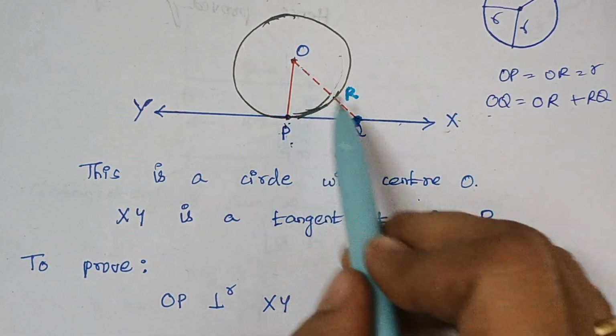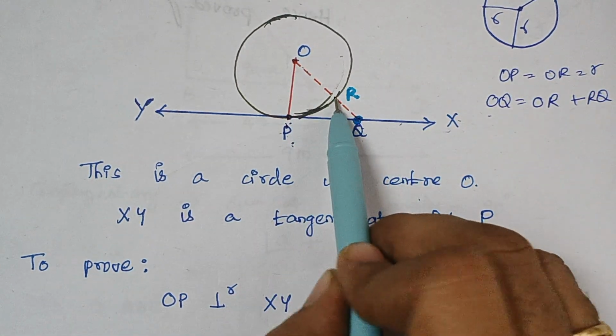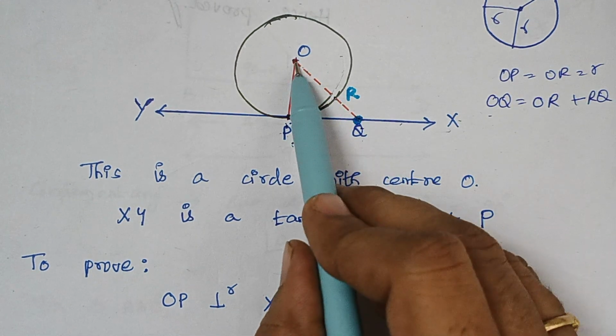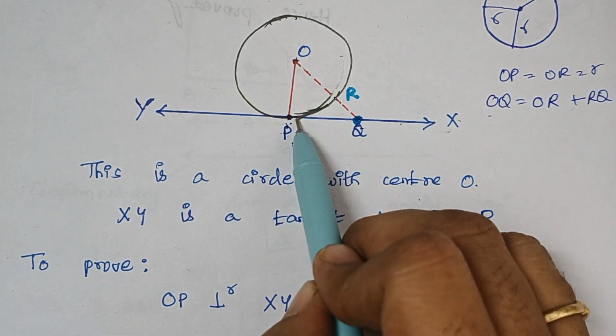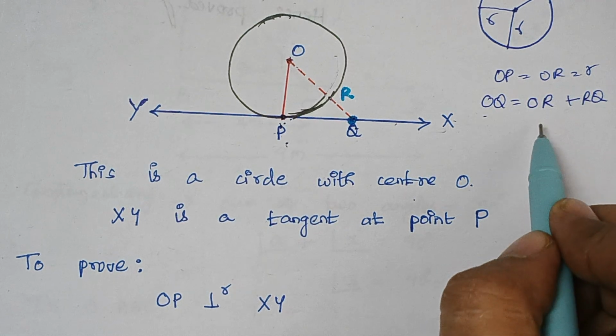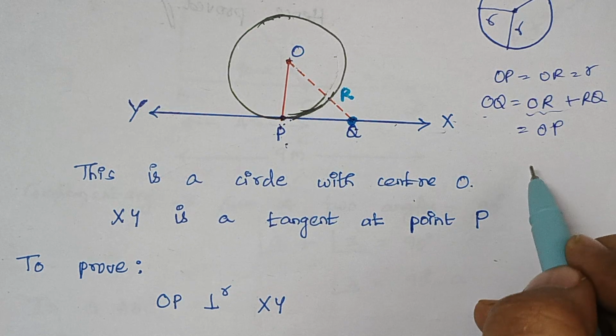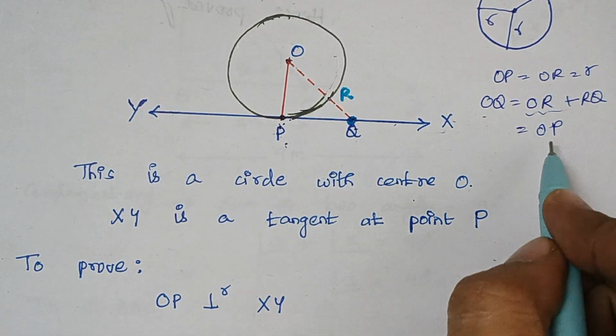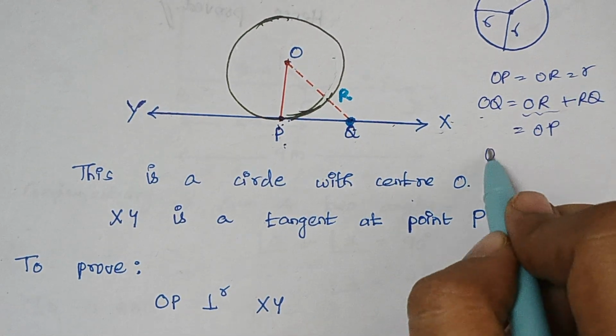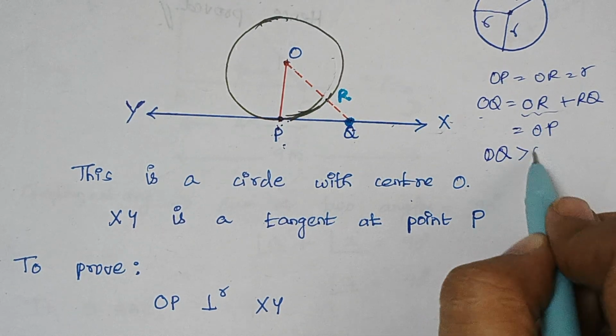But here OQ is nothing but OR plus RQ, and this OR is equal to OP. So obviously we can say that OQ is greater than OP.